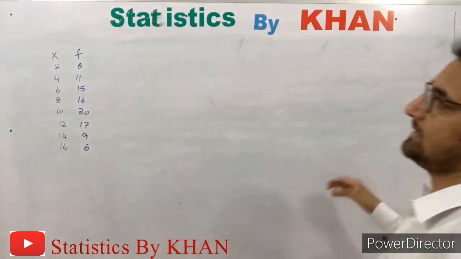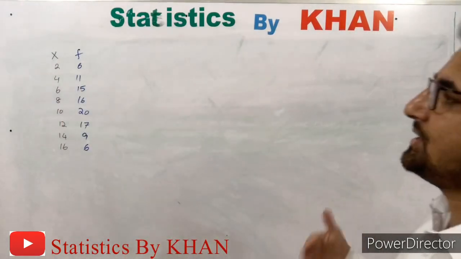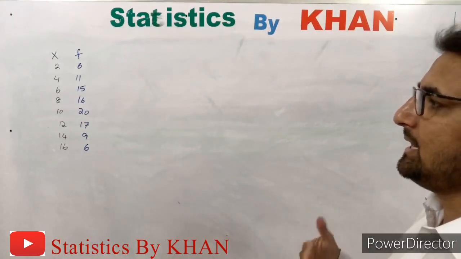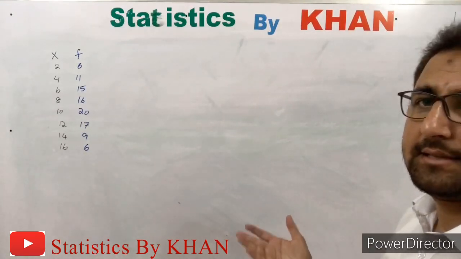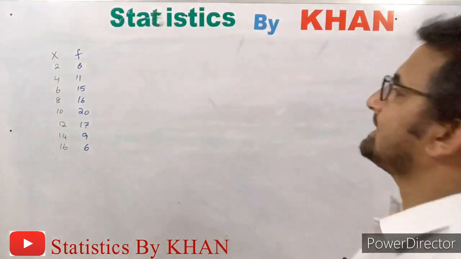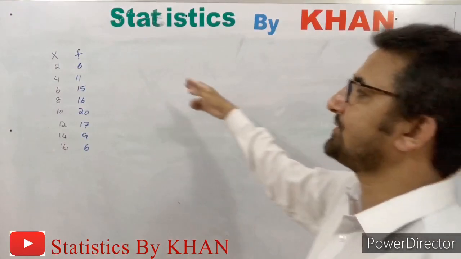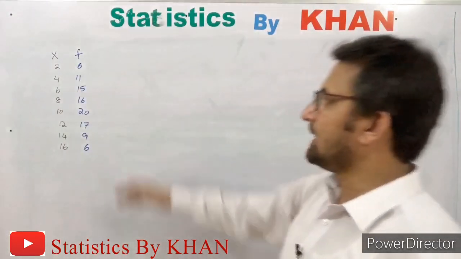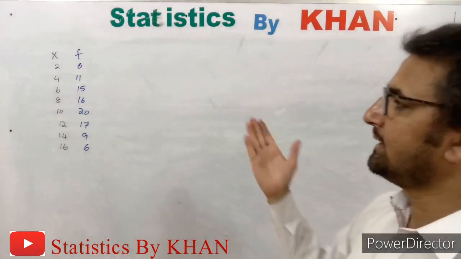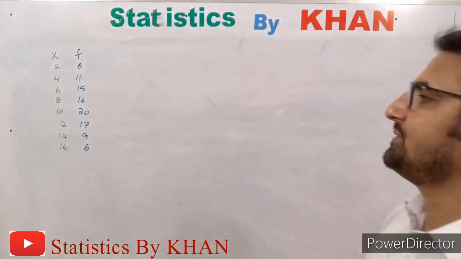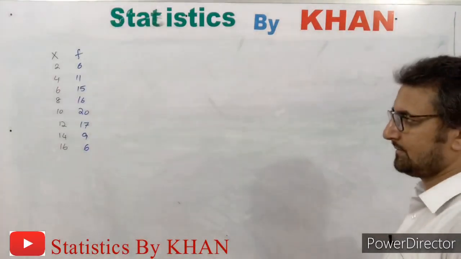In that data set, there were either 2, 4, 6, 8, 10, 12, 14, 16. And in that data set, 2 occurred 6 times, 4 occurred 11 times, 6 occurred 15 times, and so on.